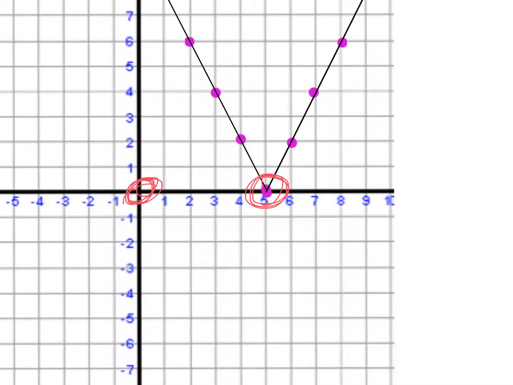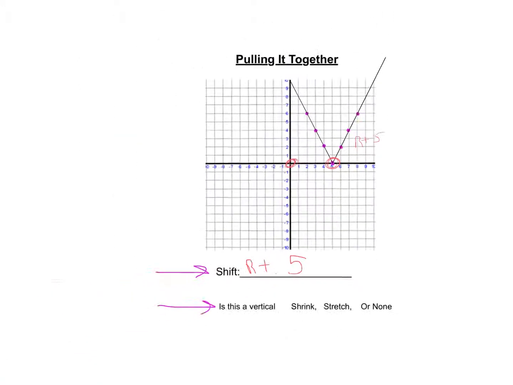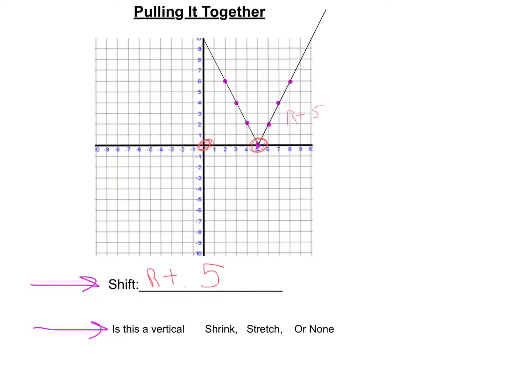But I don't go anywhere else. So my shift in this case is just going to be to the right 5. So right, I'm going to abbreviate right RT, 5. Okay? Now, our next step, again, we're going to have to identify shrink, stretch, or none.